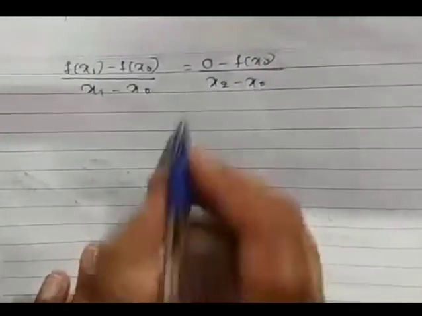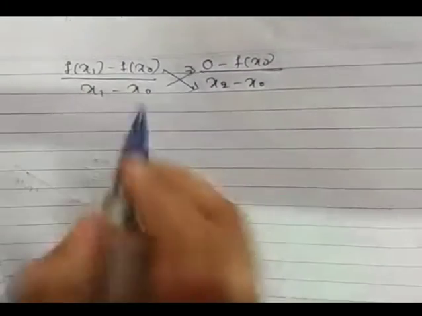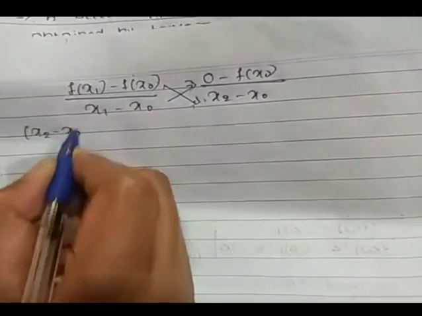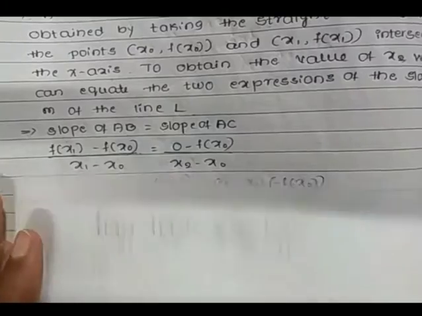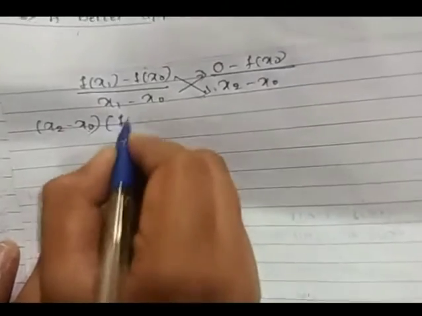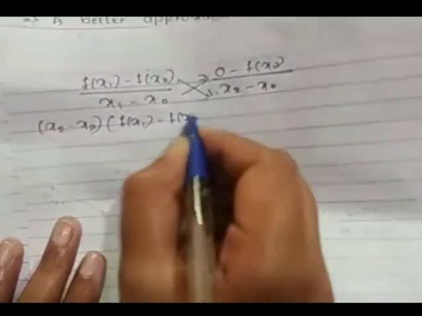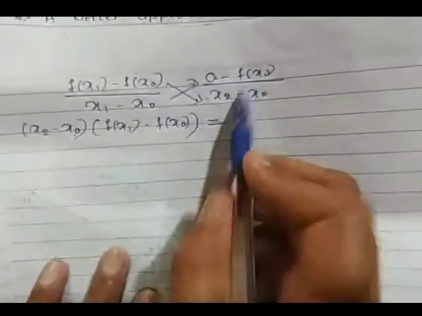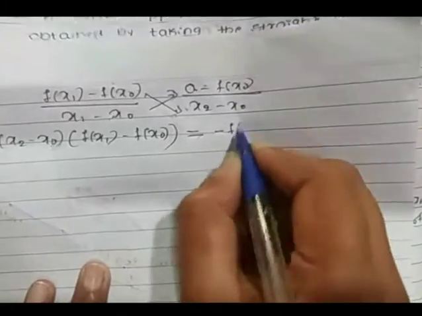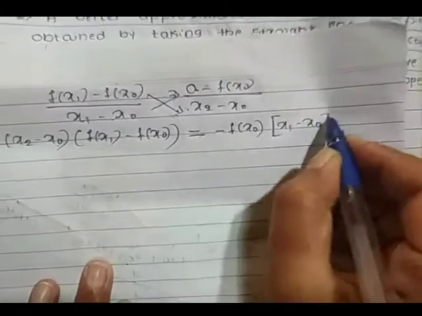Now we cross multiply. Then x2 minus x naught in bracket times f of x1 minus f of x naught is equal to 0 minus f of x naught, that is minus f of x naught, in bracket x1 minus x naught.